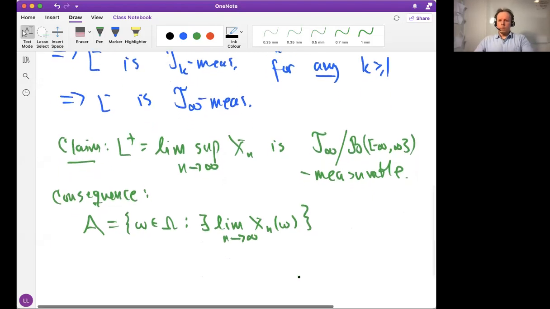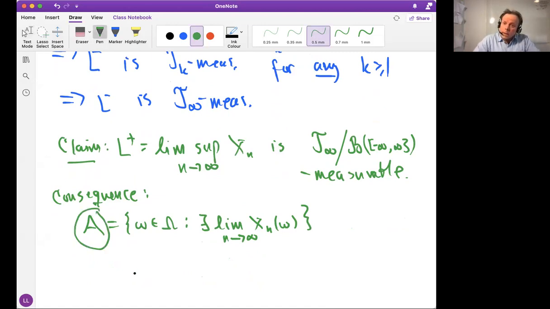Think about a random number generator which produces random sequences. Whenever you sample, you get a random sequence. You sample again, you get another random sequence. For some omega, for some samples, your sequence might converge. For other samples, it might not converge. And then the question is, what about A? Does my sequence converge or not?